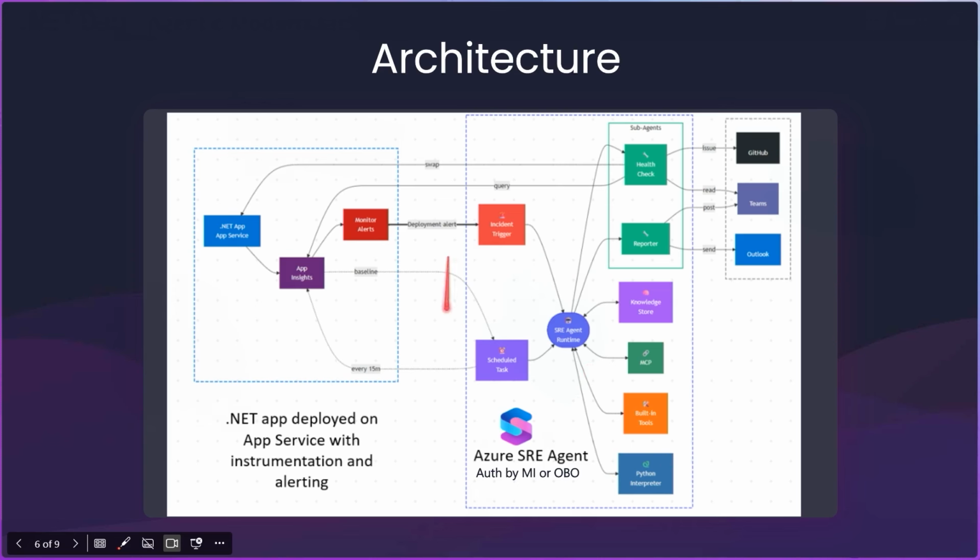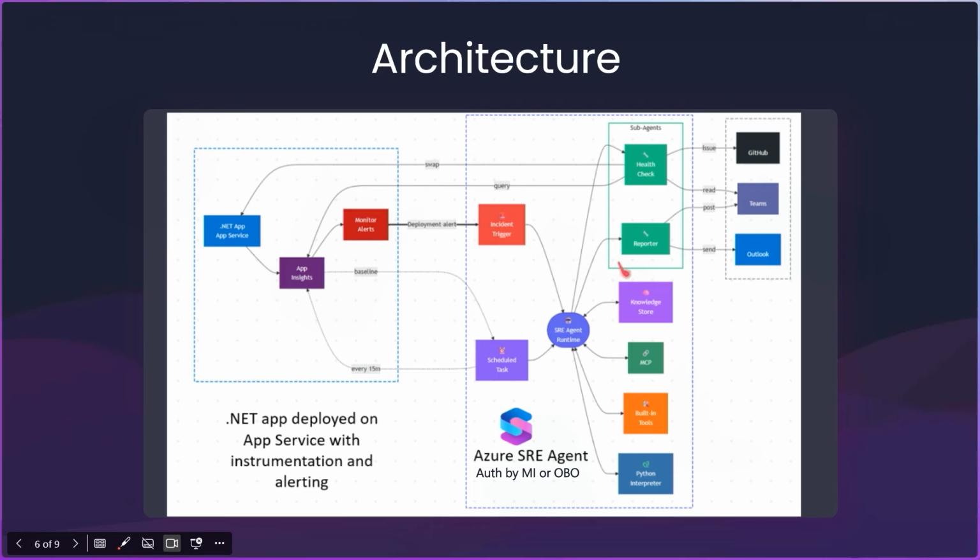On the left-hand side of the runtime is the way you can trigger the SRE agent runtime. So we have an incident trigger that can be triggered based on an alert fired by Azure Monitor or by an incident that occurred in PagerDuty or ServiceNow. You can also trigger the SRE agent at will on predefined intervals with a scheduled task. So once the agent is triggered, then you can make it respond to those alerts or triggers using your own custom runbook. And this is how you truly make the SRE agent yours.